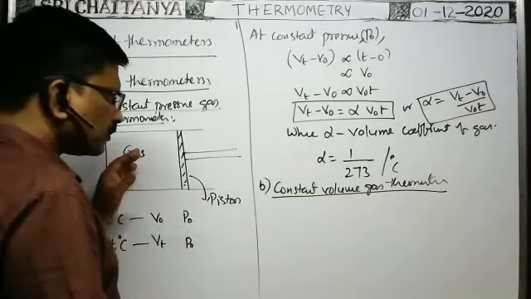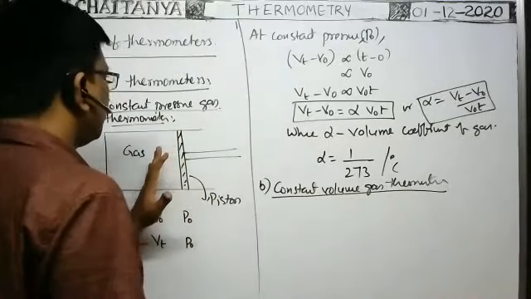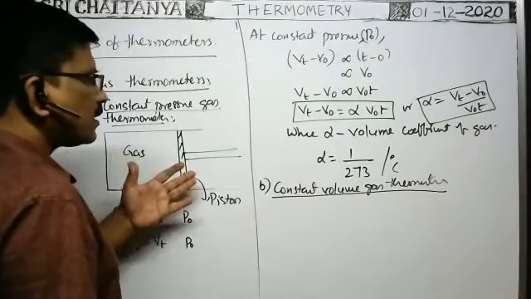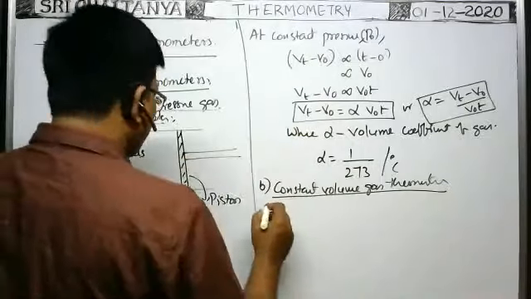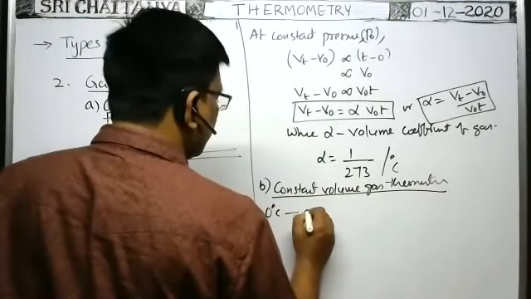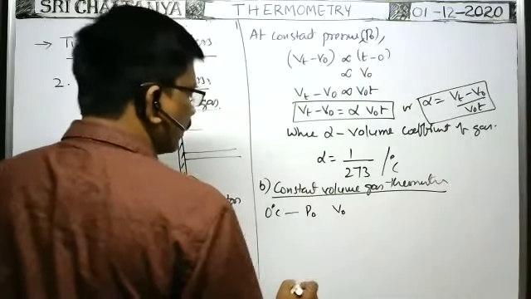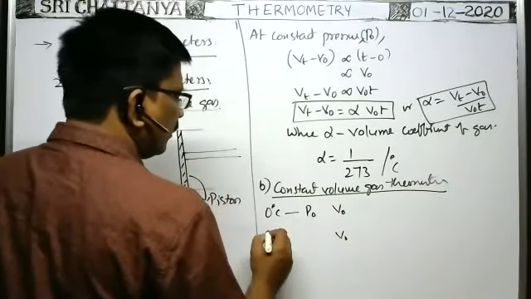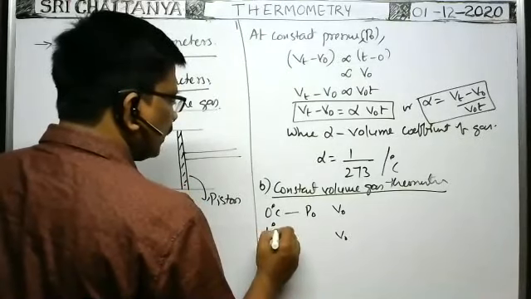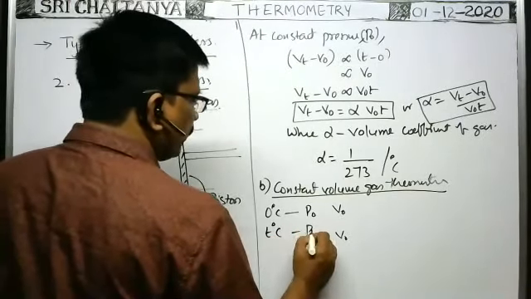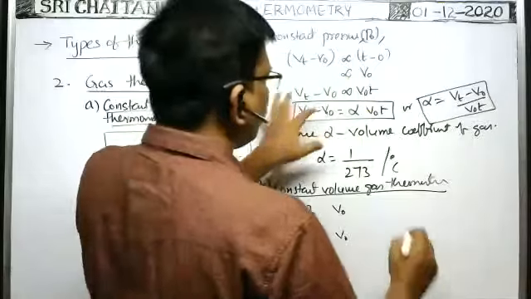So here, at constant volume, when temperature increases, pressure also increases. Same at 0 degrees centigrade, the pressure is P0 and volume is V0. Okay, by keeping the volume constant, when temperature of the gas is increased to T degrees centigrade, then pressure becomes say Pt. And same relation we have, right?